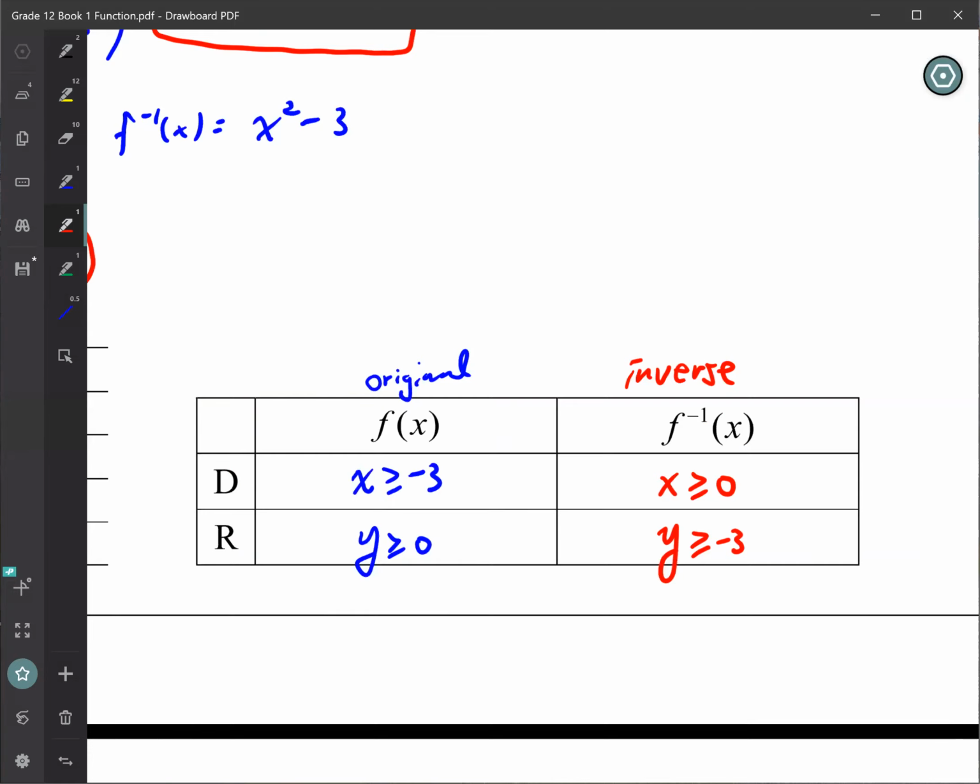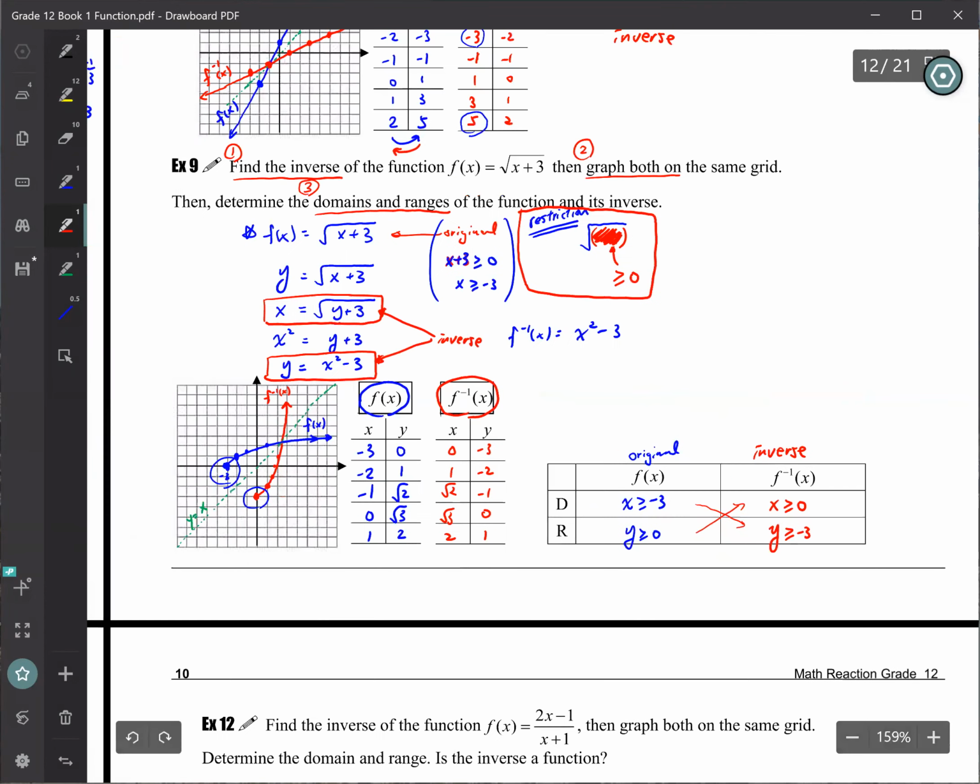Okay, Donna, what kind of pattern? It switches around. Yeah, so what used to be the domain becomes the range, but make sure you use the y variable. What used to be the range becomes the domain of the inverse. But then x and y have to be swapped. So that's the idea of inverse, right? It's like the opposite direction.